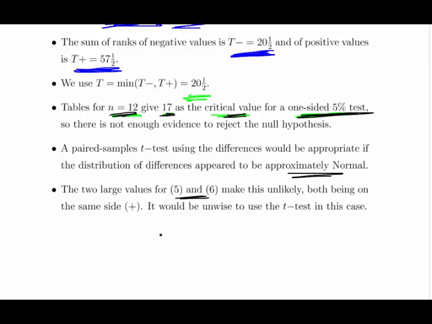Those two values skewed the distribution, which would undermine the assumption of normality. Although the t-test is actually quite robust to this, what we're here to do is learn about non-parametric tests. So anyway, we'll leave it there.